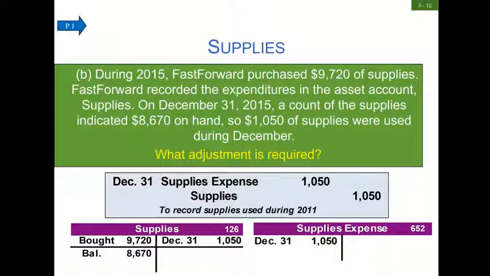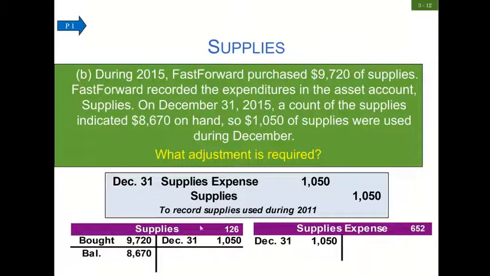When we purchased the supplies, we recorded a debit to supplies of 9,720 and a credit to cash, or accounts payable if it is on account. Then at the end of the year, in the adjusting entry, the debit side is supplies expense, and the credit is supplies, which reduces the asset by the amount of supplies used, which is 1,050.